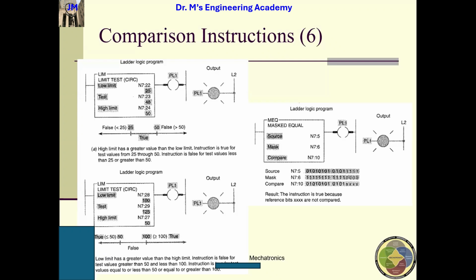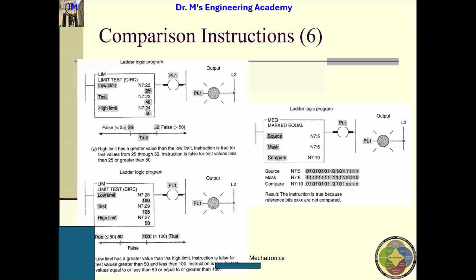So basically, you have a source value and a compare value that are taken from these addresses here. These are each of the bits for them, and basically, this is your mask code. So anywhere where there's a 1, it will compare this bit to this bit. But once you get to right here, these last 4 bits are zeros, which basically means we don't care about what the source or the comparison is here.